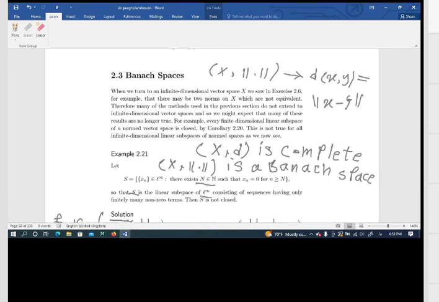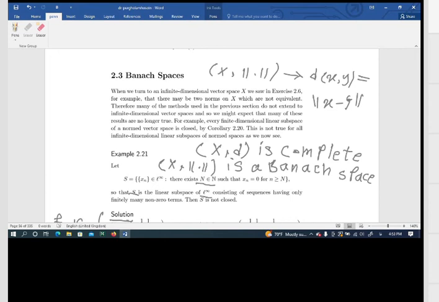If we define S as the set of sequences in l infinity such that from some n on, xn equals 0. So just a finite number of xn can be non-zero, and from some number n we have xn equals 0.